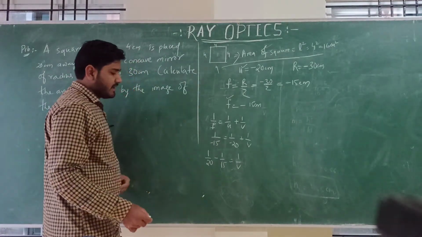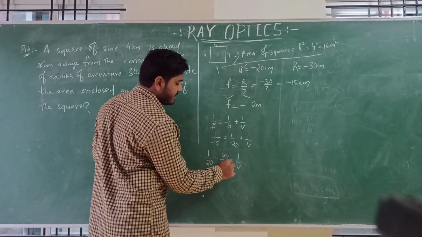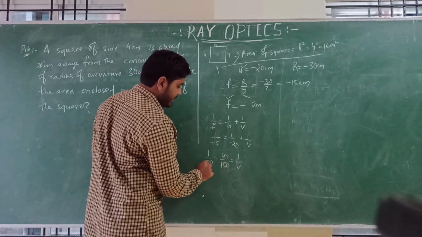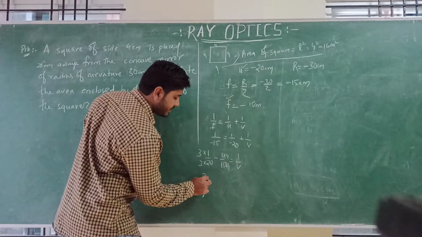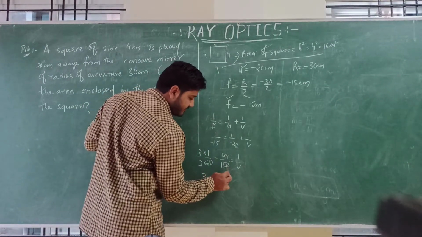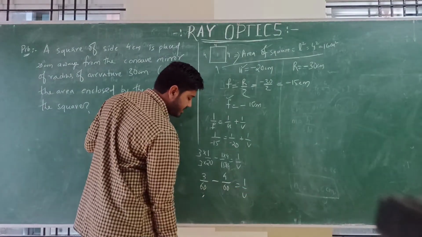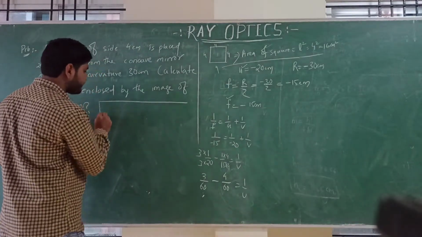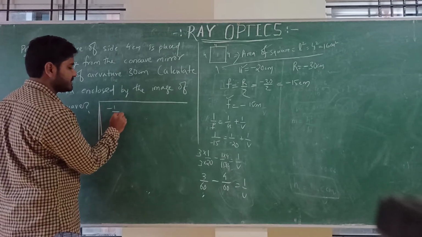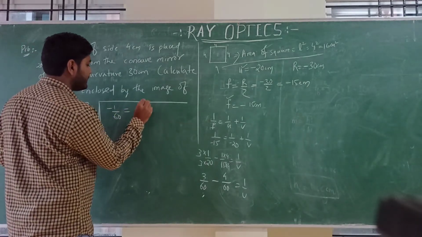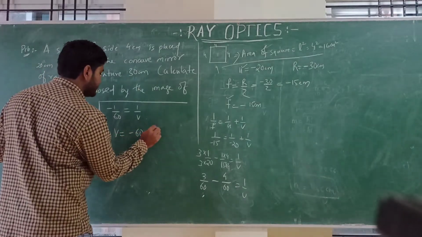Multiply this by 4, 15 4s are 60, and 20 3s are 60, multiply and divide by 3. So what will you get? 3 divided by 60 minus 4 divided by 60. We have made the denominator the same. So finally, 3 minus 4 is minus 1 divided by 60 is equal to 1 by V. So finally what will we get? V is equal to minus 60 centimeter.